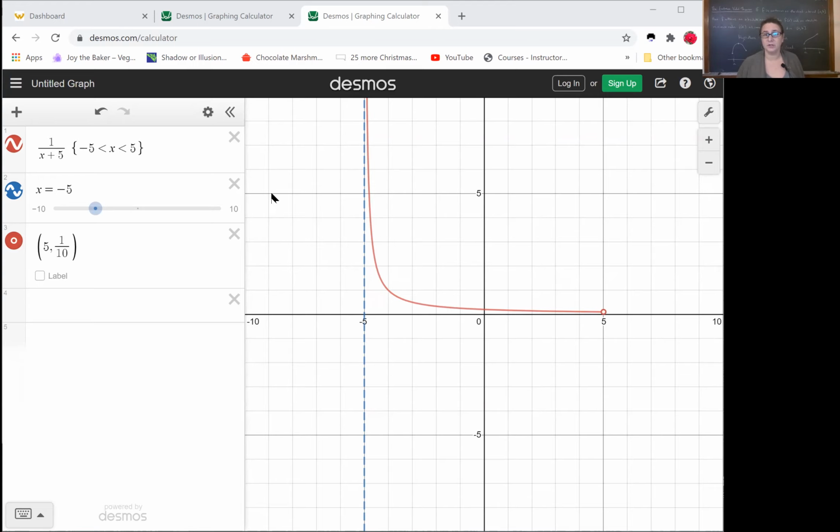So this function, because it's on an open interval, fails to have both a maximum and a minimum, even though it is continuous. Now, if I took a closed interval, I would no longer have a continuous function because this function wouldn't be defined at -5. So it would fail for the other reason.